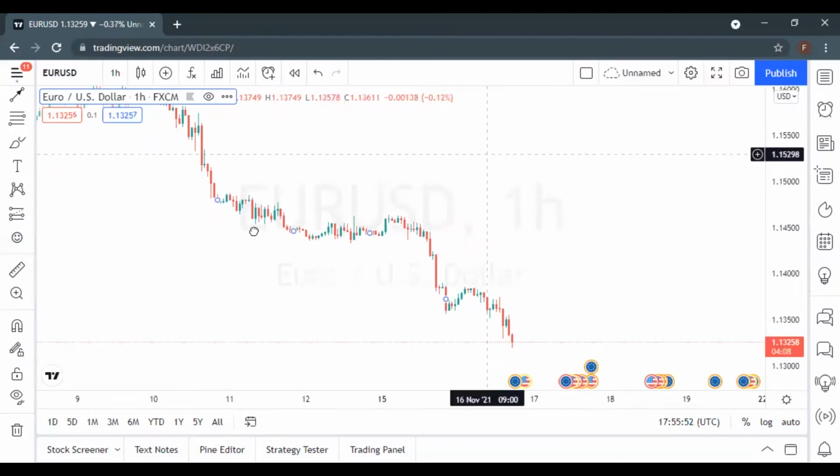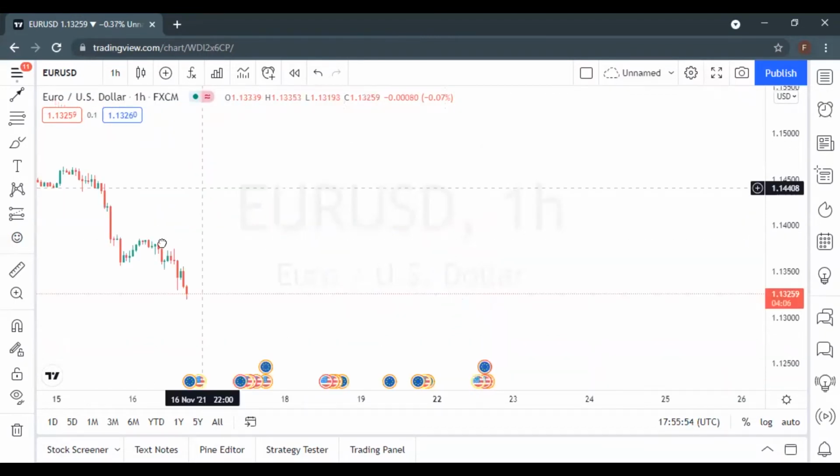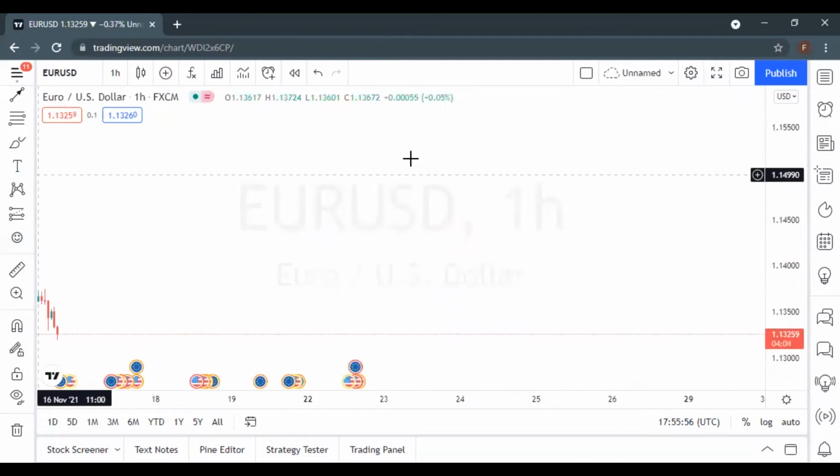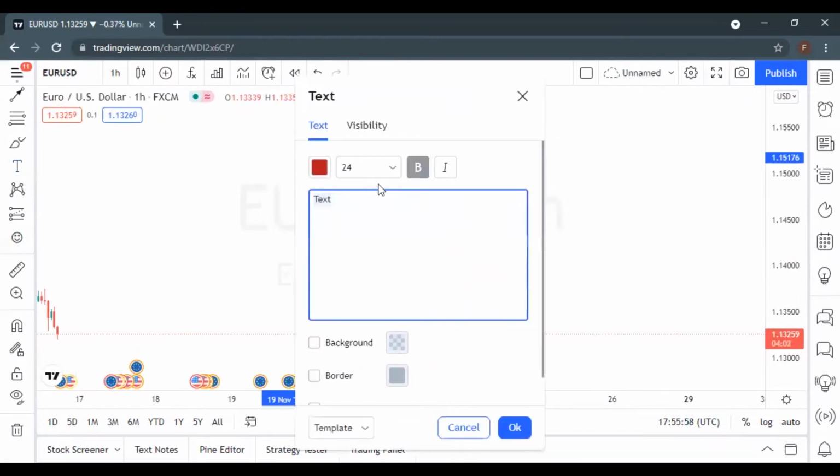So let's start by defining candlesticks, right?